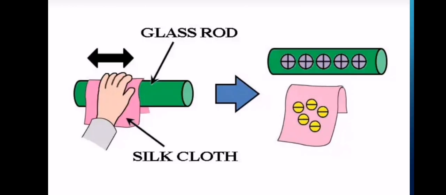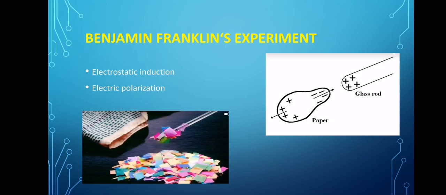Next, he brought this positively charged glass rod near small pieces of paper. When this positively charged glass rod is brought near small pieces of paper, the glass rod attracts these small pieces of paper.